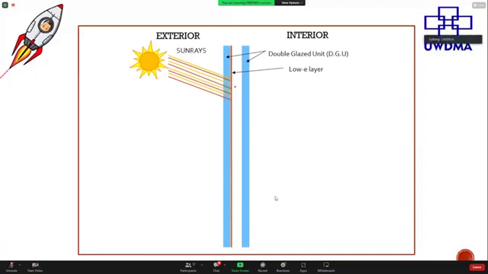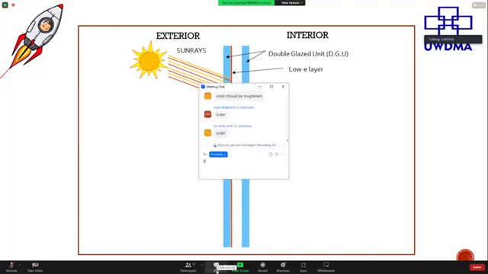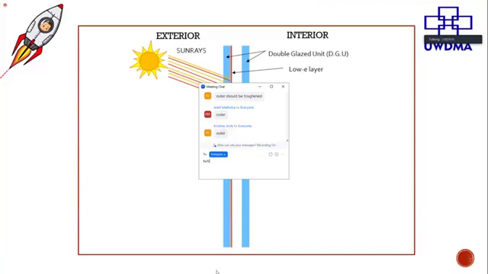UV rays are the harmful rays. When we keep our plastic things outside, they fade because of UV rays. When we are too much outside in the sun, our skin gets rashes or burnt. That is because of ultraviolet rays. These are the harmful rays. Second, visible light, which we can see. And third is infrared rays, IR rays.